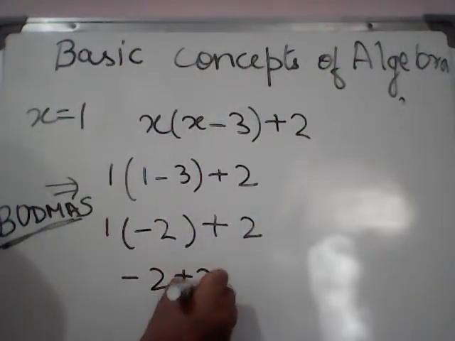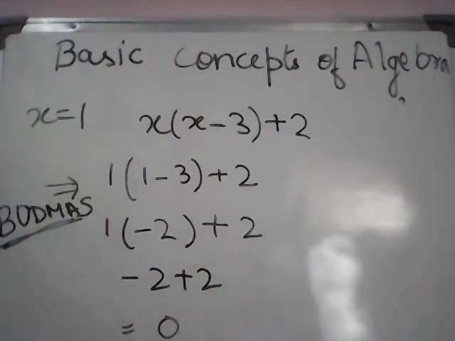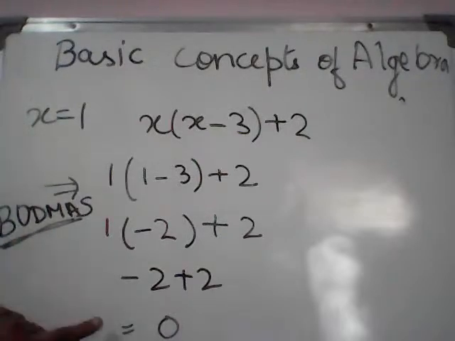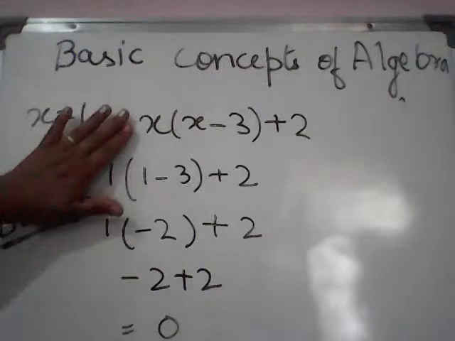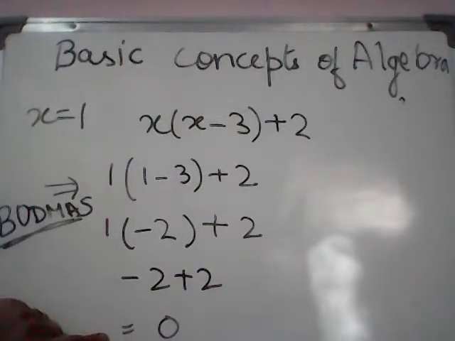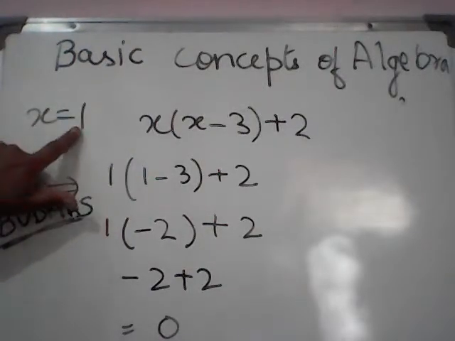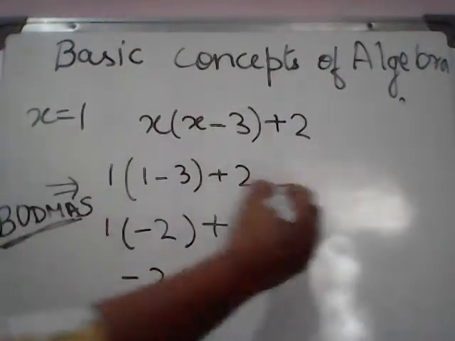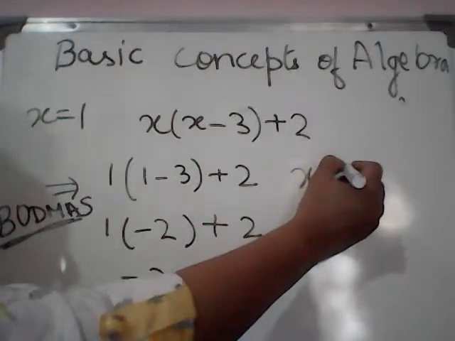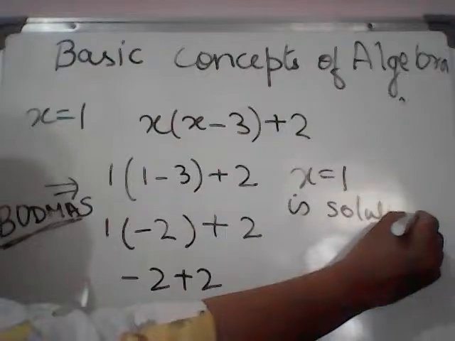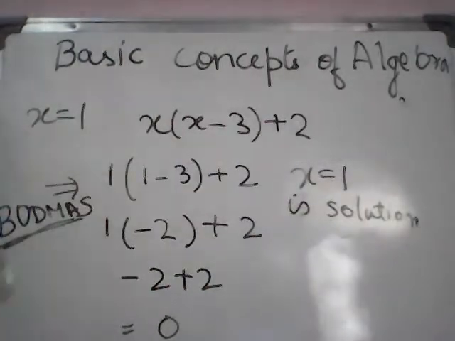Minus 2 plus 2, so we get 0. So the value of this expression on putting x is equal to 1 is 0. When we get the value of the expression as 0, it means that x is equal to 1 is a solution of this expression, or we can say it is a root. Both we can say.